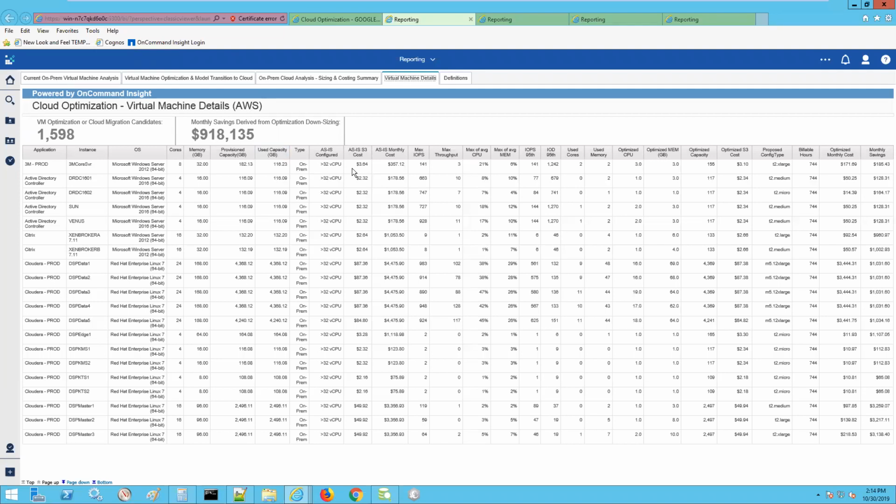And then I look at what it would cost me using an S3 bucket for that specific capacity. These are also retail rates for S3. I look at that cost, and then at the as-is monthly cost based on retail AWS rates. This is what it would cost me if I just threw this over the fence into the AWS environment.